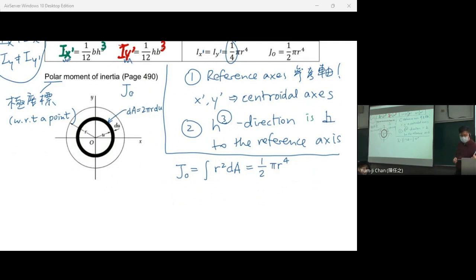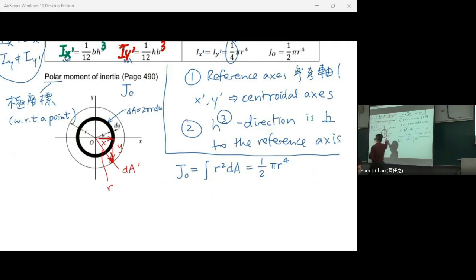Now, what if we only consider a small dA prime? Of course we have r here for this area, and this r can be written in terms of x and y, right?